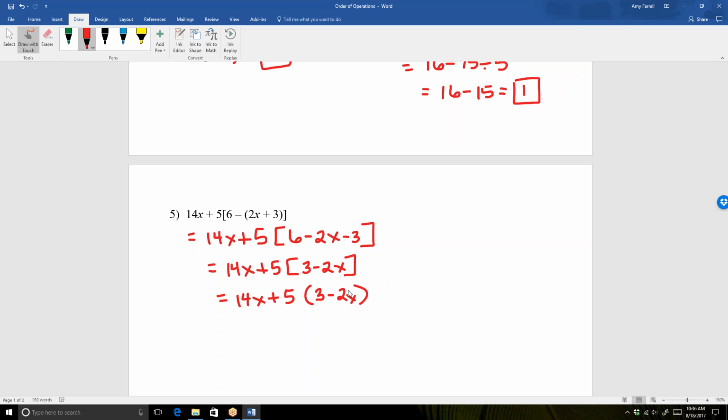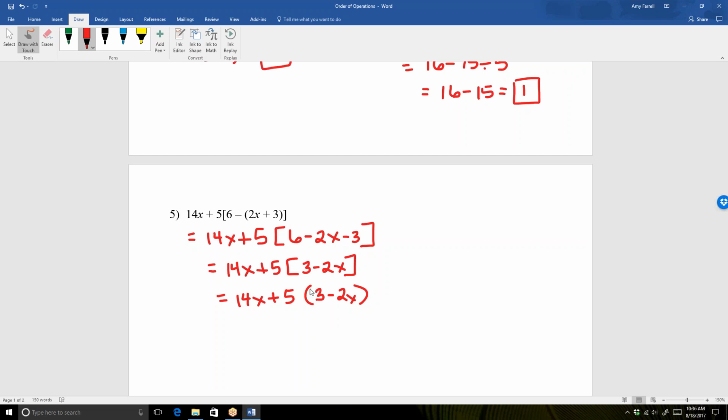Next, since we cannot get rid of these parentheses completely because 3 and -2x are not like terms, we can't combine those. So we are going to continue with our order of operations, which means that we're going to multiply and divide from left to right. Now, there's no division in this problem, but there is multiplication.